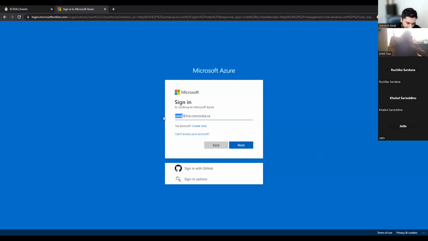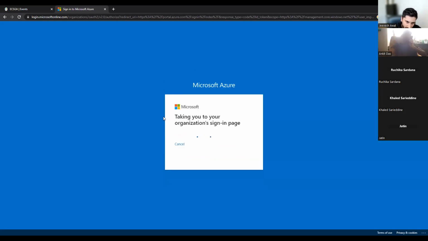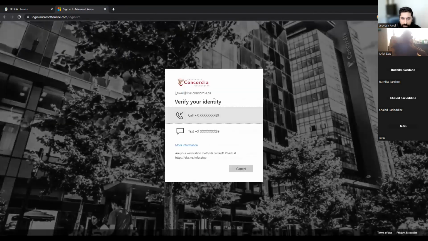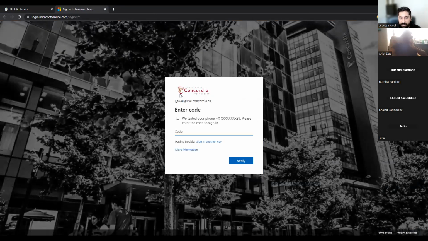Oh, wait, I think I'm using the wrong name. Oh, yes. And this is multi-factor authentication. So a lot of things that we talked about today, you're seeing them being used constantly.